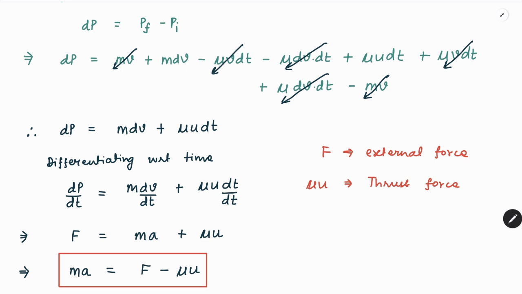When we write capital F minus mu u, we are writing the net force. So this net force is equal to capital F minus mu u, and ma is giving us the effect of this net force. The acceleration is the effect of the net force, which is ma.